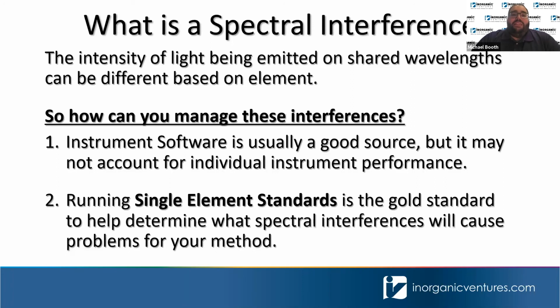Like we saw with that zinc, if I'm looking for iron in this region, there should be a big zinc interference somewhere right in there. So that's a good source, but it's not the best source because the software was written when the instrument is brand new. Over time, your instrument's going to reduce in performance.